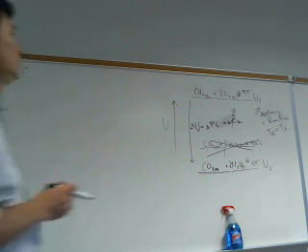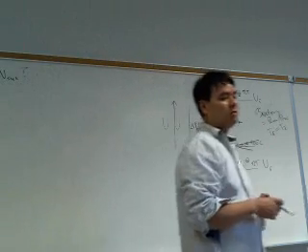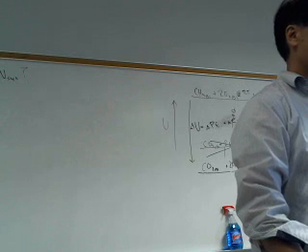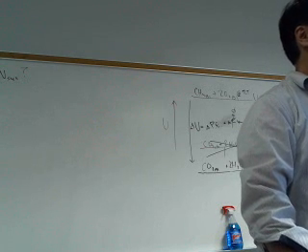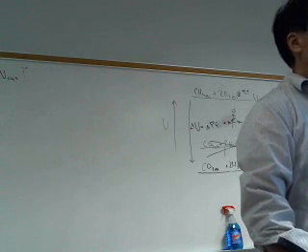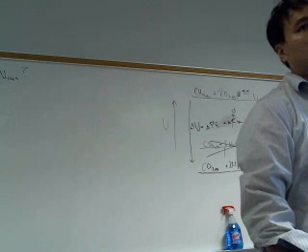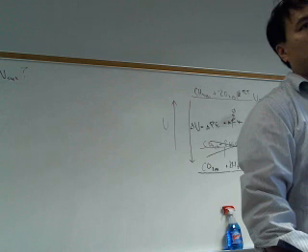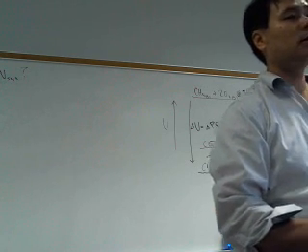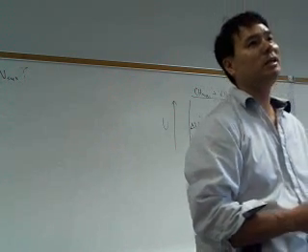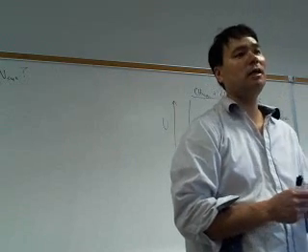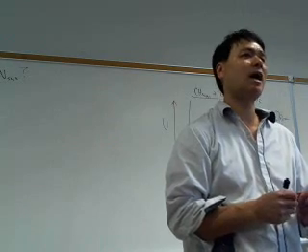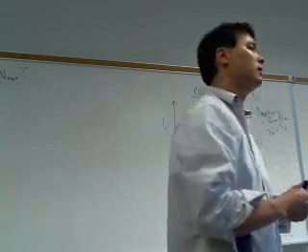So let's go here. You guys memorized the molar volume of the gas at STP, 22.4 liters. What about at RT? At RT and 1 atmosphere, the molar volume of the gas is 24.5 liters.